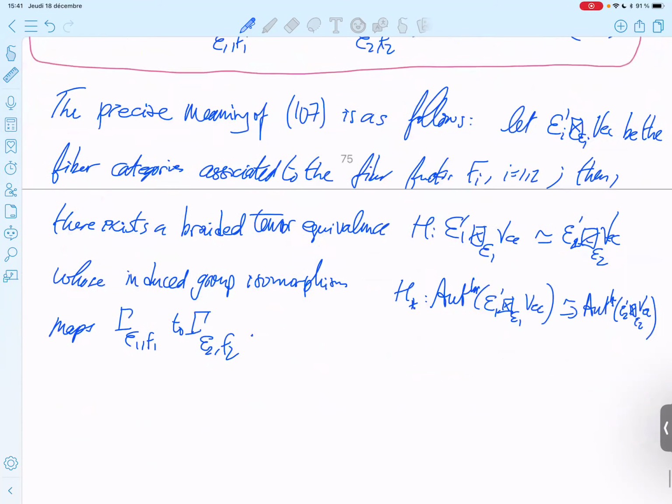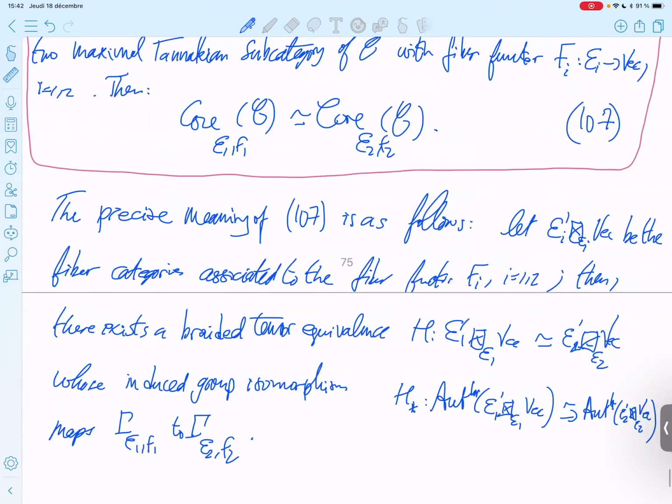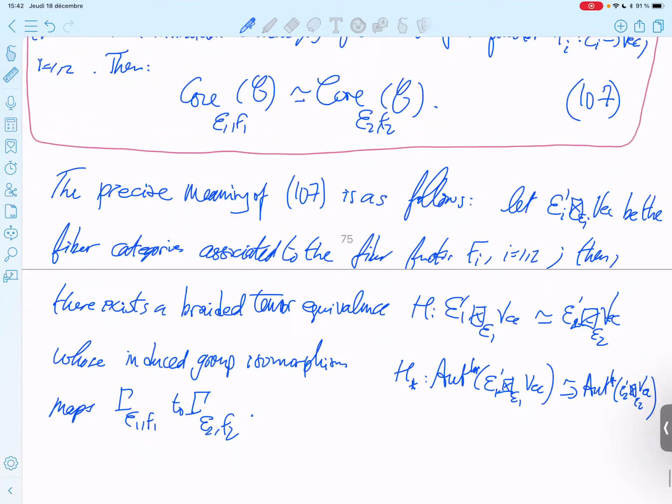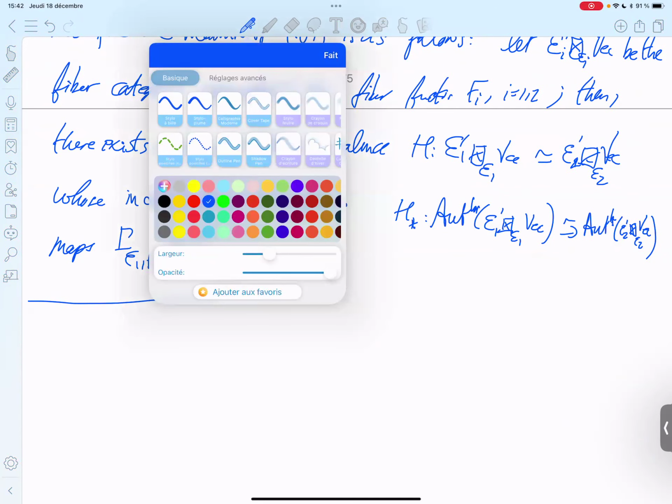Okay, so this is the definition of this isomorphism. This is more or less what we need to prove. But as I said, we will show something a little bit more general. What this theorem is saying is exactly what I said before.